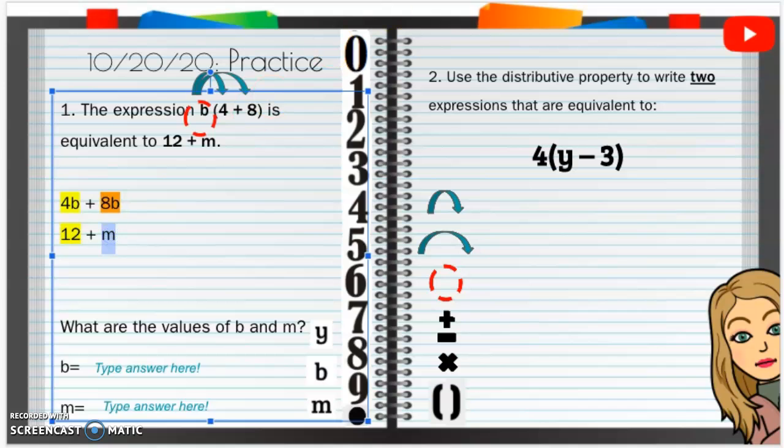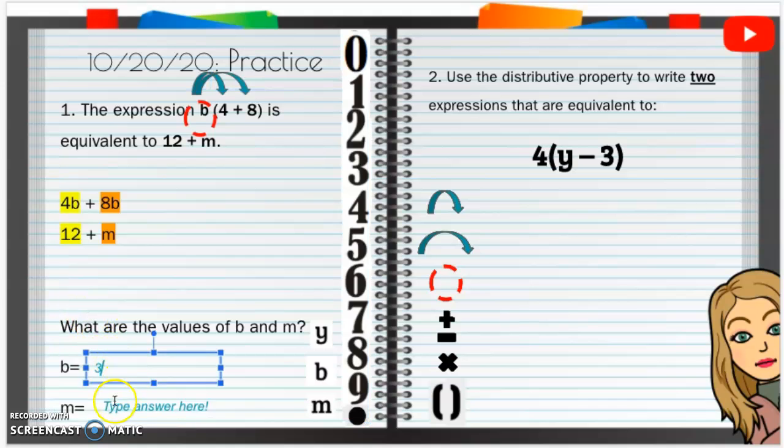All right, now, it tells us that 4 times b equals 12. Well, what's 4 times b? Ooh, 4 times what equals 12? I know that 4 times 3 equals 12, so b is going to equal 3. Let's take a look at m. 8 times b equals m.